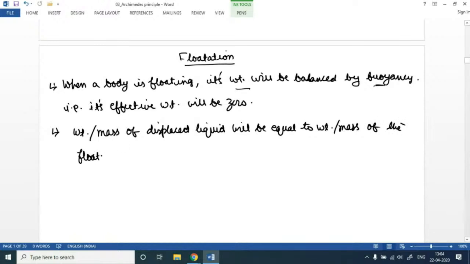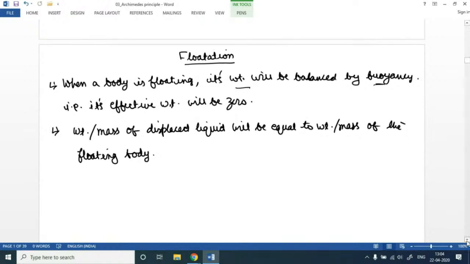Although it seems very simple to understand, this is very important. When a body is fully submerged, it displaces liquid equal to its own volume, but when it is floating, it will displace liquid equal to its own mass or weight.